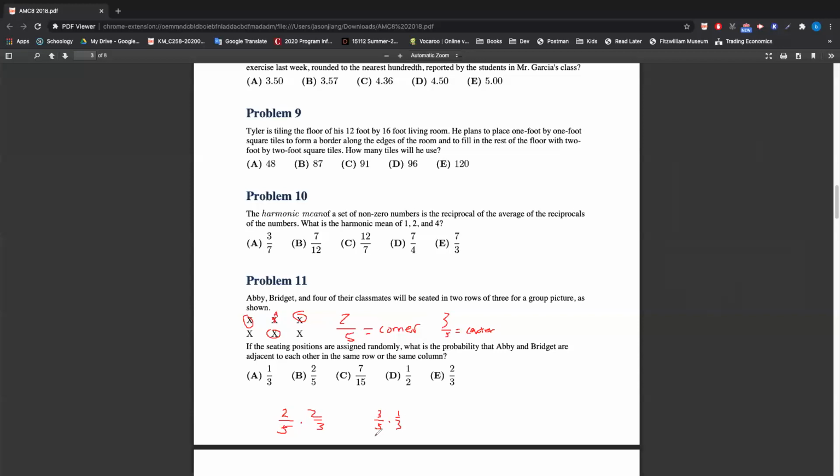And the other would be 3/5 chance of being together, given that Abby is in the center. So we just have to add these up, and we can calculate that, right? 4/15 plus 3/15. Terrible 3, by the way. 7/15. Okay. There's our answer.